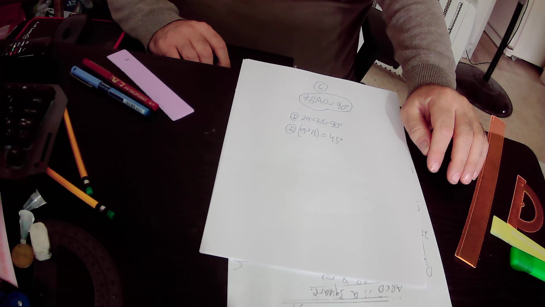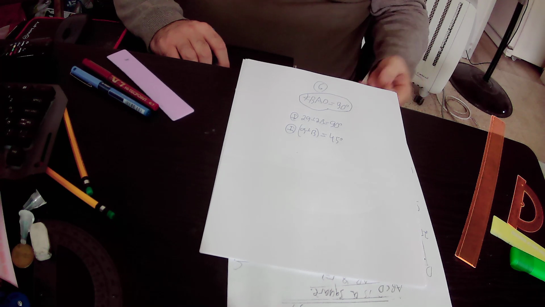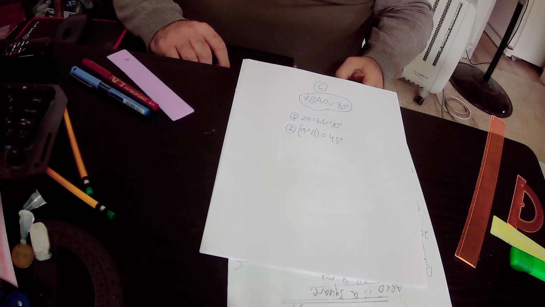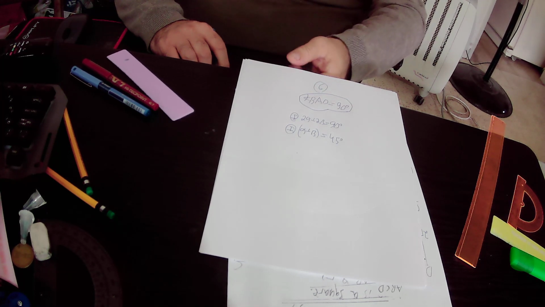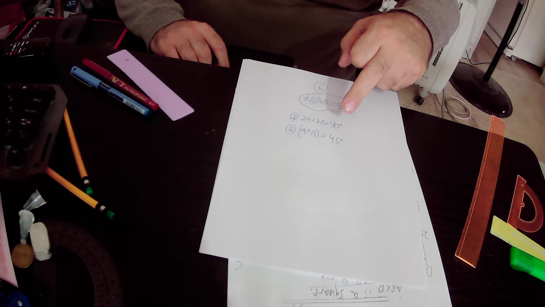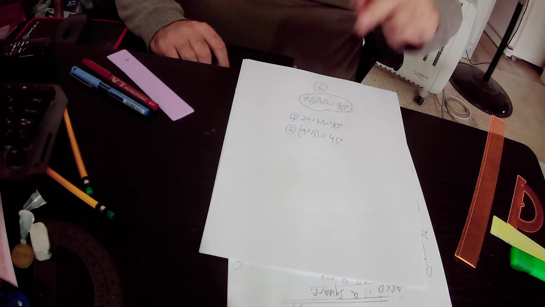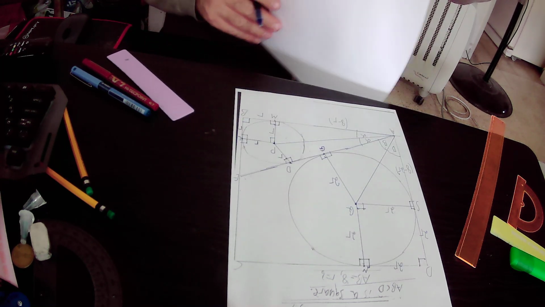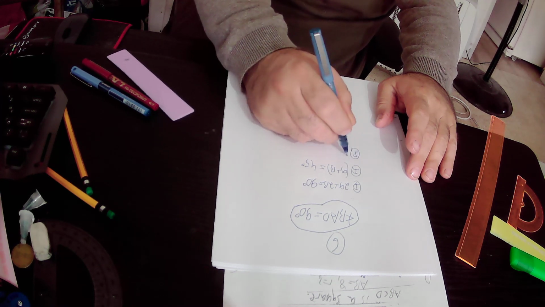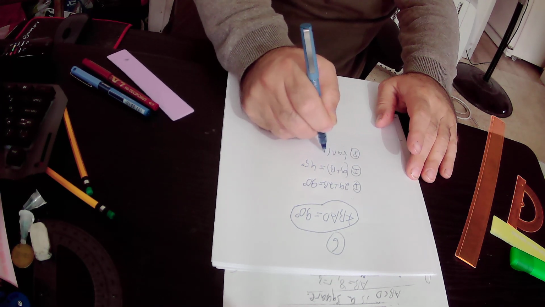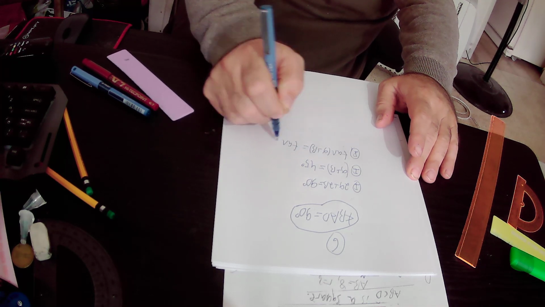But if alpha plus beta is equal to 45 degrees, then tangent of alpha plus beta will be equal to tangent of 45 degrees. Very simple. So equation number 2 will be that tangent of alpha plus beta equals tangent of 45 degrees.